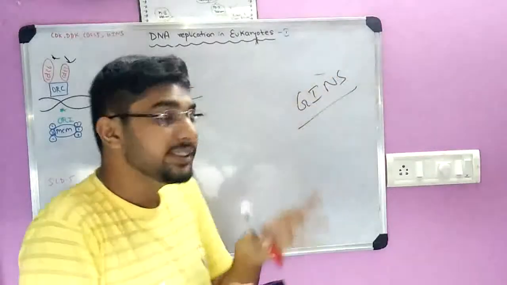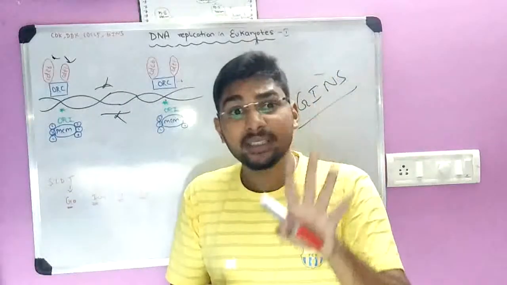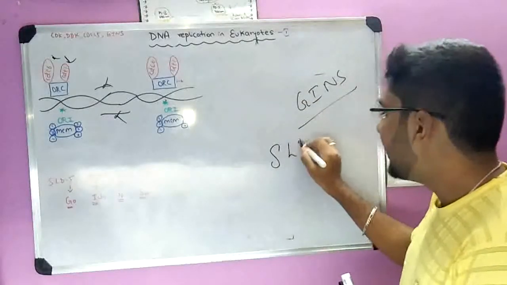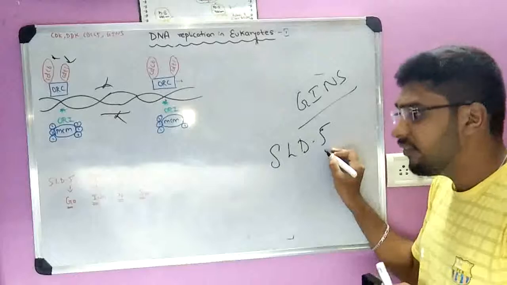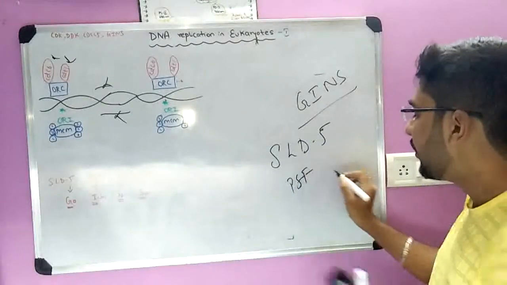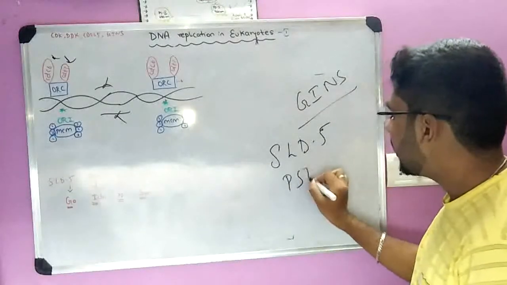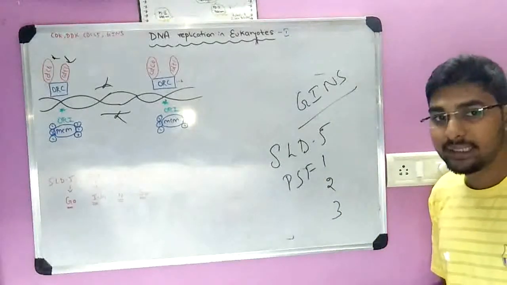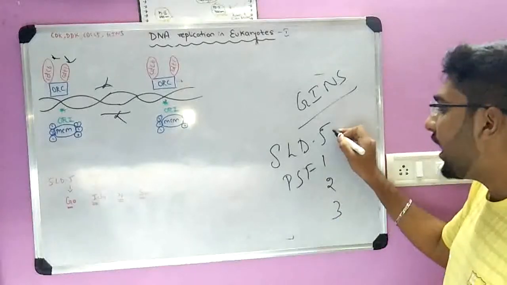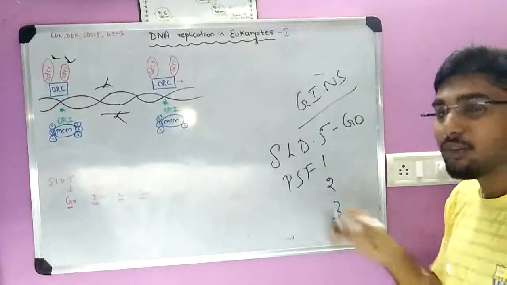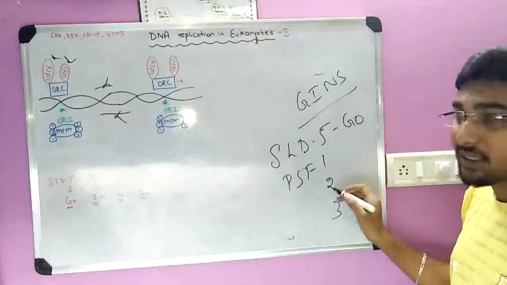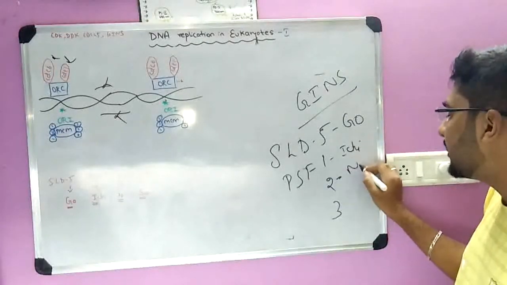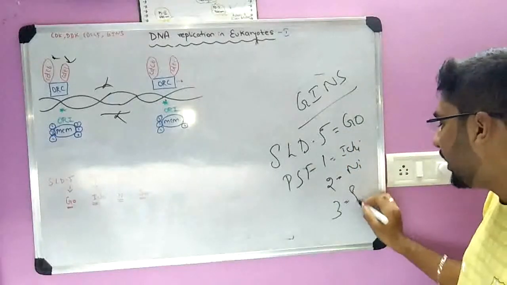Now one more thing is GINS. GINS is also made up of 4 subunits: SLD5, PSF1, PSF2, PSF3. In the Japanese language, the name for 5 is go, the name for 1 is ichi, the name for 2 is ni, and the name for 3 is san.